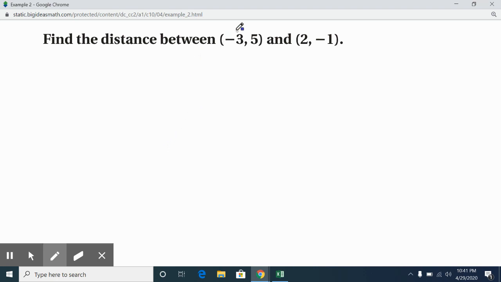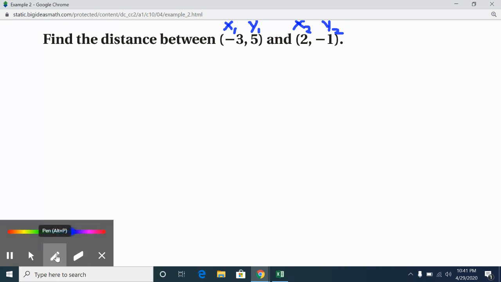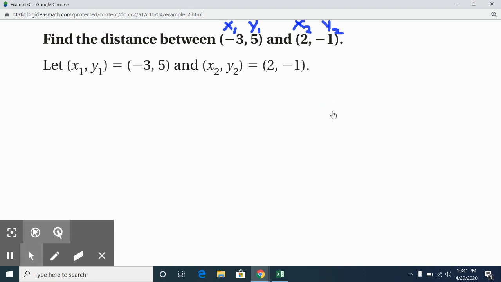I'm going to label my first ordered pair as x1 and y1. Then I'm going to name my second ordered pair x2 and y2. Once I label, I think this is pretty simple because I'm just plugging those numbers into their variables accordingly. If we look, they're saying the same thing that I did. They're just showing it in a different way.